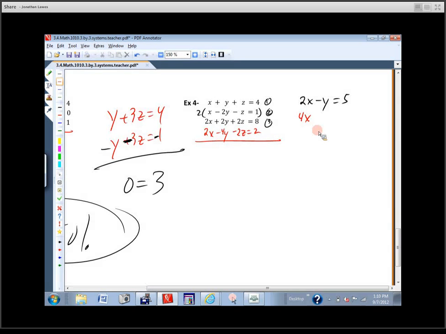So if I put the two of those together, that's going to give me 4x, minus 2y, and over here, I'm going to have a 10. Any questions?